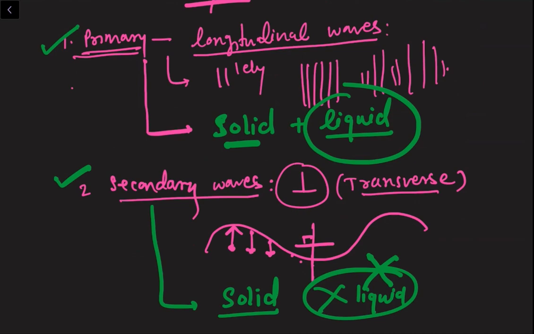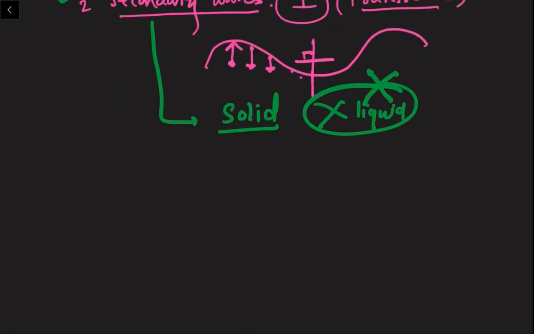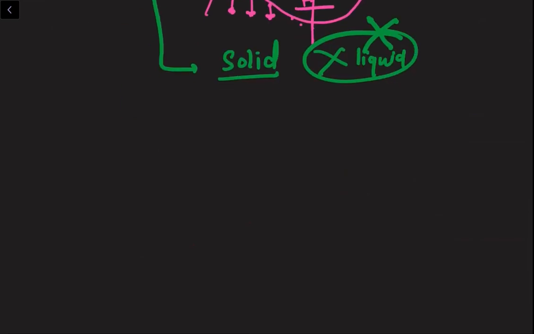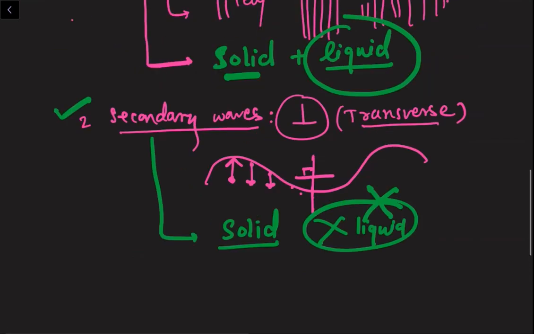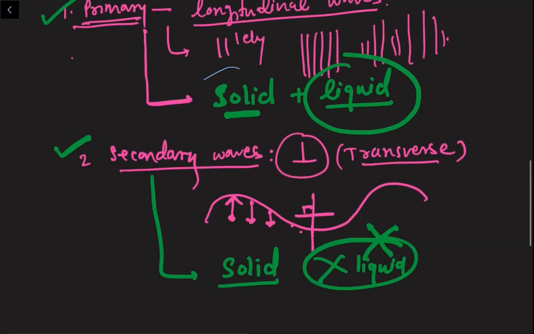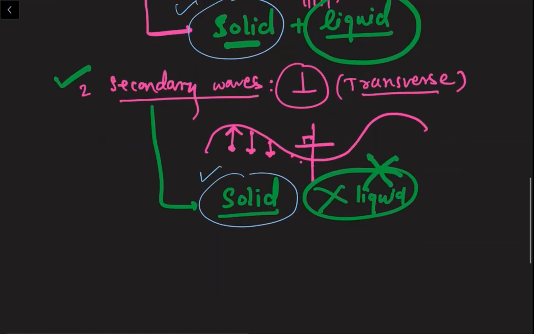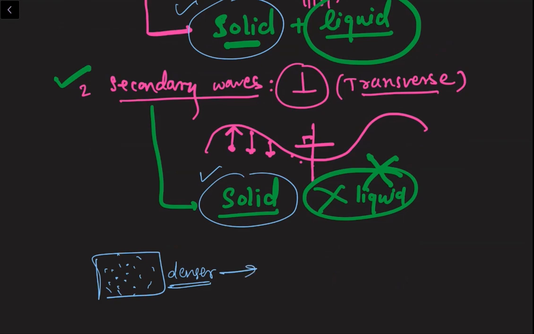So let us see what happens. One more thing about these two waves: both of the waves travel in the solid medium, that is true, but both of the waves will travel faster if the solid medium is much denser. So if the solid medium is denser, both of them will travel fast, because there are close, compact particles, so they will travel very fast through this medium.